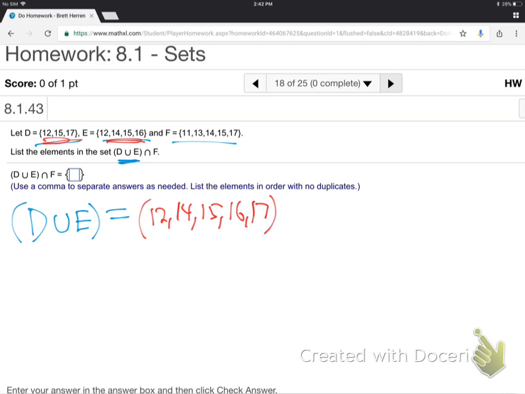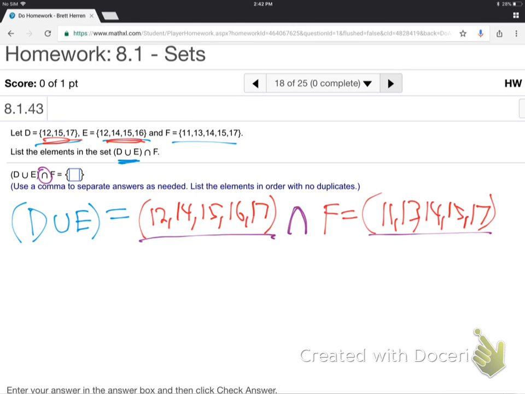We know F. We've already got F. Let me just rewrite it over here. 11, 13, 14, 15, 17. And what are we supposed to do between these two? Right? It's the overlap. So this is D, unite E, overlap with that. So I'm supposed to take this, overlap this.